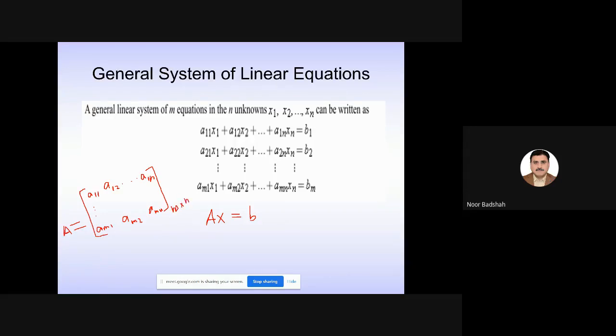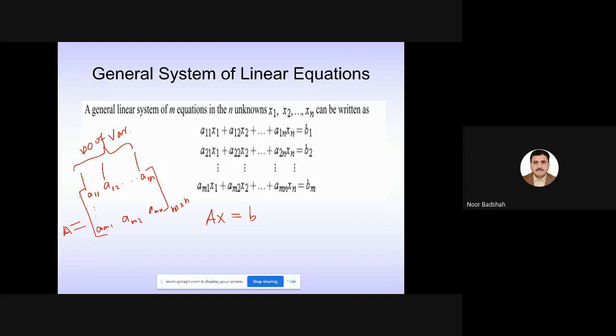So keeping in mind, in any matrix, the number of columns determines the number of variables. The number of columns is basically telling you about the number of variables, right?